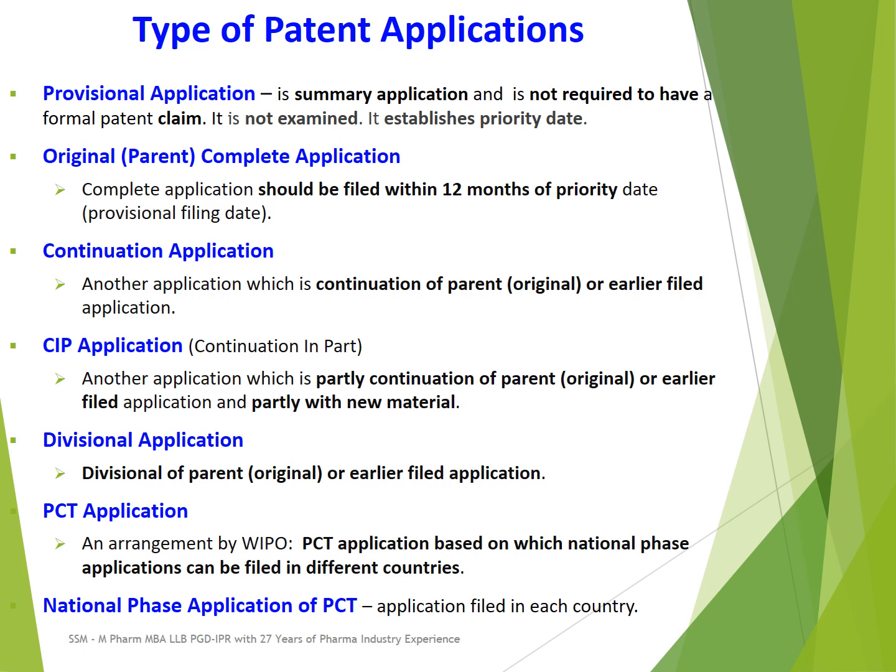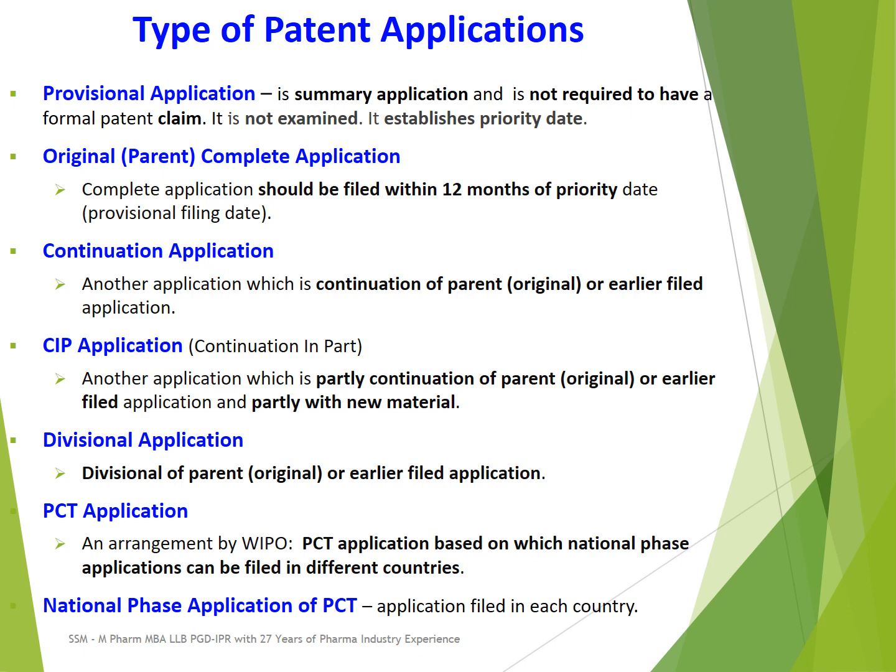Next is the PCT application. A PCT application is an arrangement by WIPO, the World Intellectual Property Organization, which is part of the UN or United Nations. So before PCT, what was happening? Suppose there is no PCT, what will happen? The patentee wants to file a patent as soon as possible.